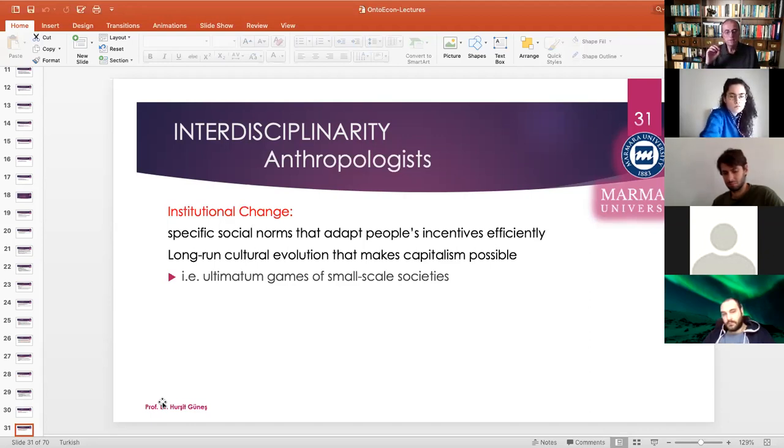Now, let me start from the bottom one and then explain the other ones. Do all of you know about the ultimatum game in game theory? There is a proposer and there is an acceptor. The proposer has the ultimate power. He prepares the choice. He designs the choice. He kind of designs the game. But he designs his game with respect to the respondent's response.